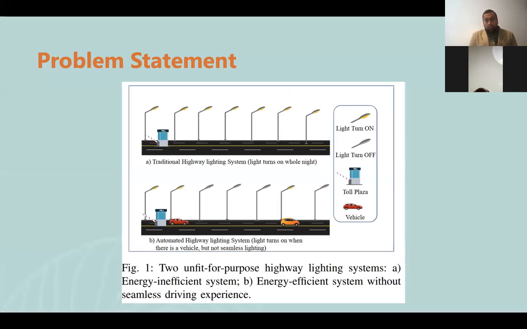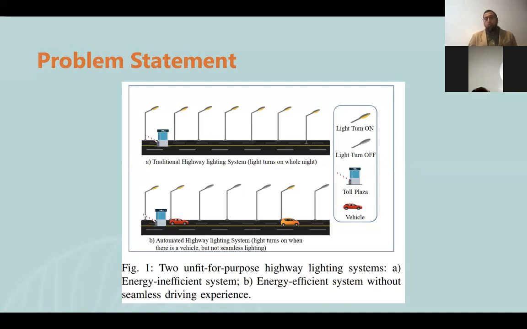In the traditional highway lighting, throughout the entire night, no matter whether there is a car or not, the light is turned on, right? This is the traditional highway lighting system, which is very expensive because you are not utilizing the light properly.